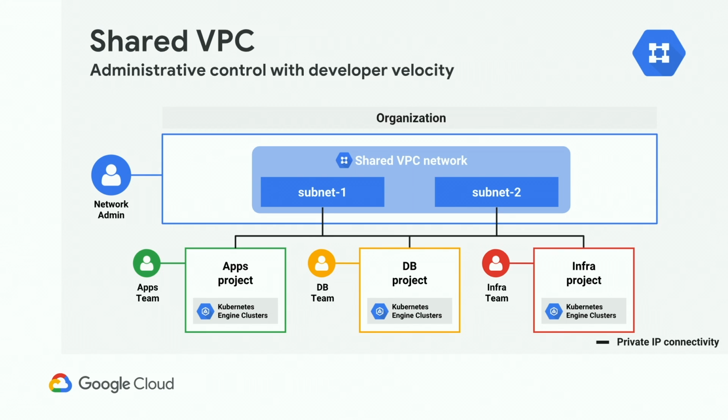And this way, your app teams can actually create, manage, and delete clusters. But if you want to set up firewalls, let's say, then you have to go to the network admin. So you talk to the network admin and you ask them to set up firewalls for you in the shared VPC network. This way you get, as I mentioned earlier, separation and isolation of roles while still enabling you to share common resources throughout your organization.